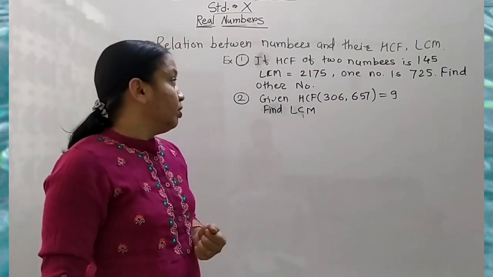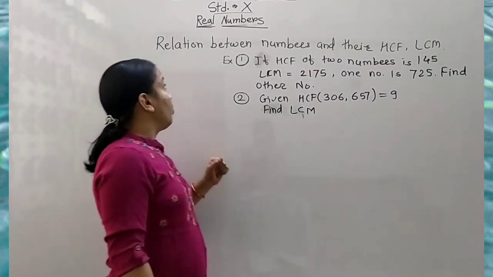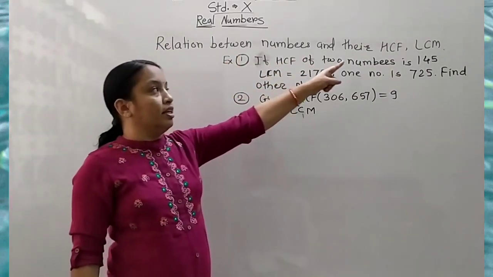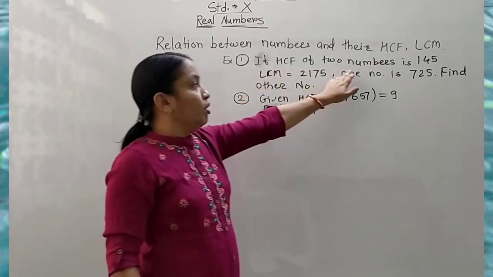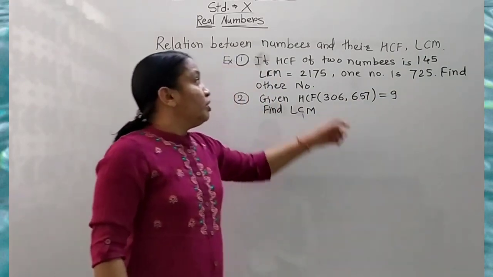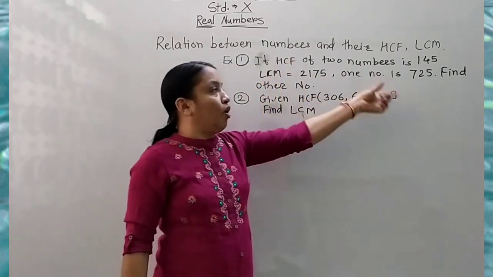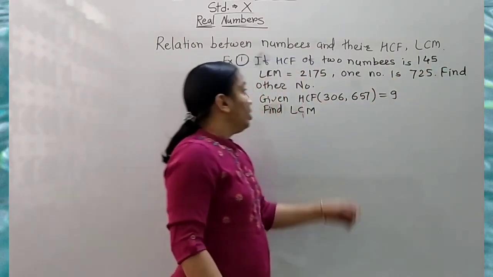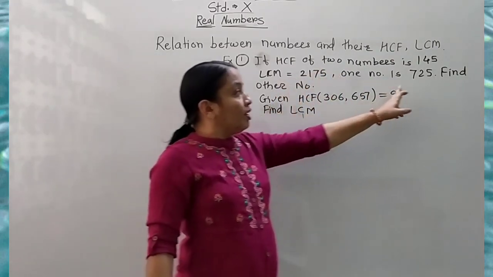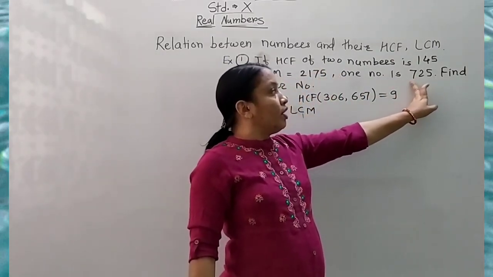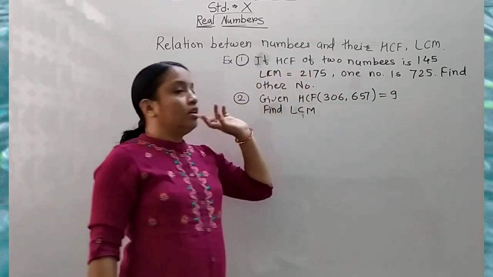Now let us see an example for the relation between numbers and their HCF and LCM. If the HCF of two numbers is 145 and LCM is 2175, one number is also given, that is 725. Find the other number.